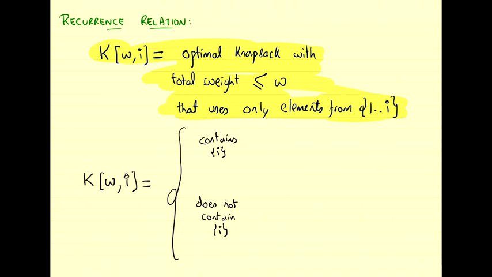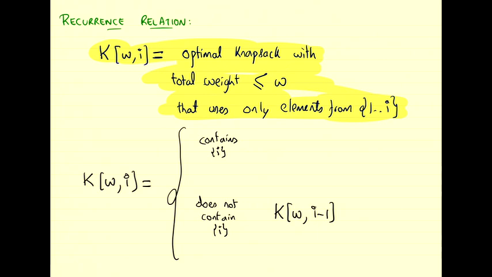If it does not contain i, then what's in the knapsack is an optimal knapsack for weight W which uses elements 1 through i, but not i. So it uses elements 1 through i minus 1. So in this case, it's just K of W comma i minus 1.